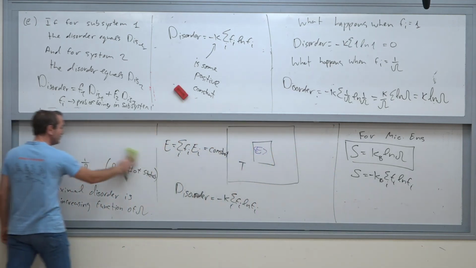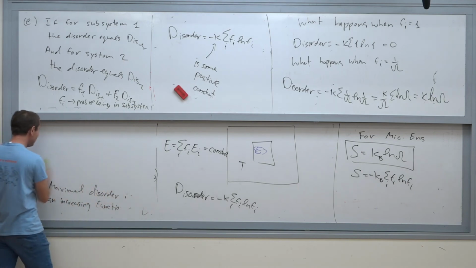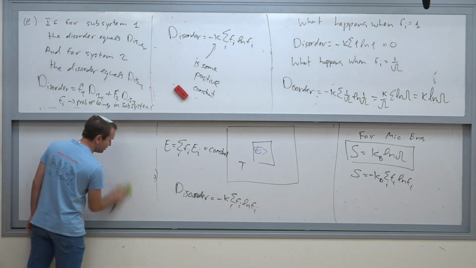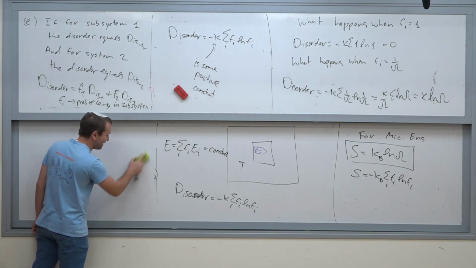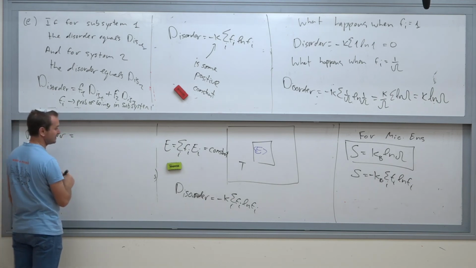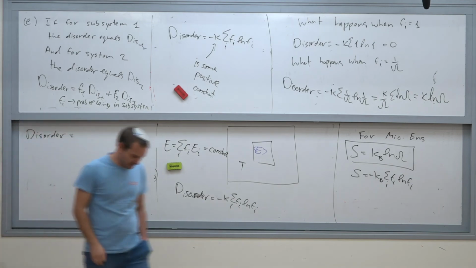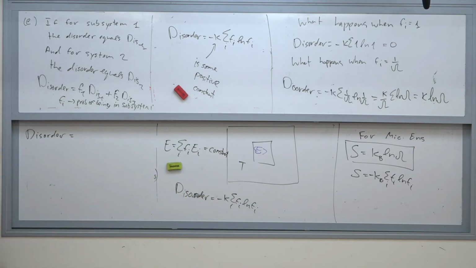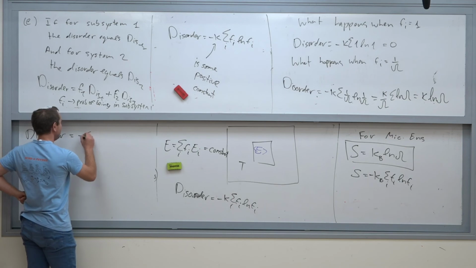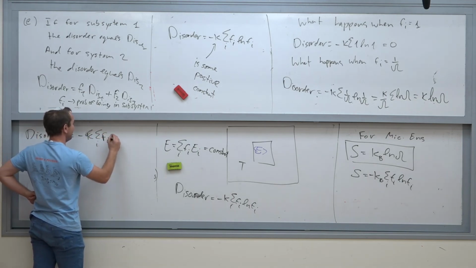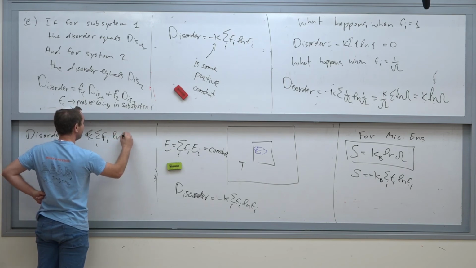So what I want to do, I want to write the disorder, and I want to find its point when it's maximal. Okay? So the disorder is minus k sum of i, Fi, log of Fi.